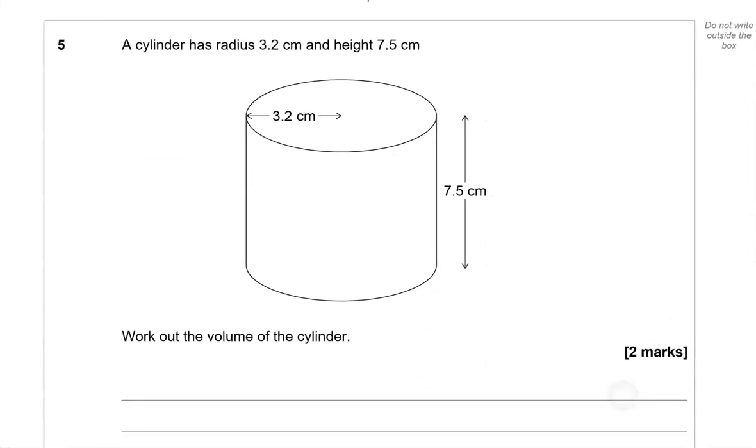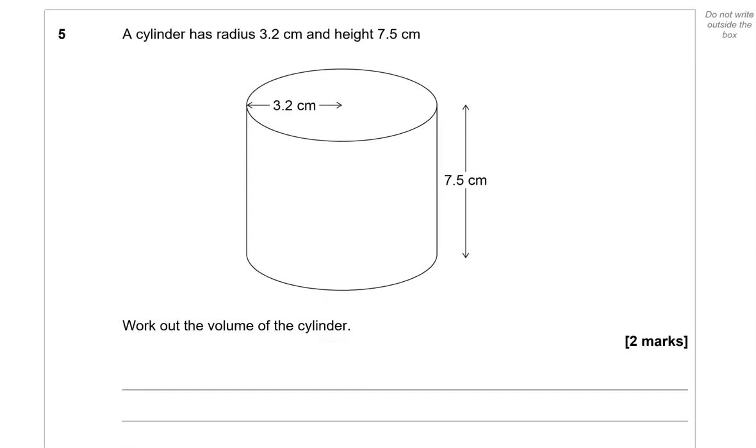A cylinder has radius 3.2 centimeters and height 7.5 centimeters. Work out the volume of the cylinder. Well, to work out the volume, we need to find first the area of this cross-sectional area, which is the circle.